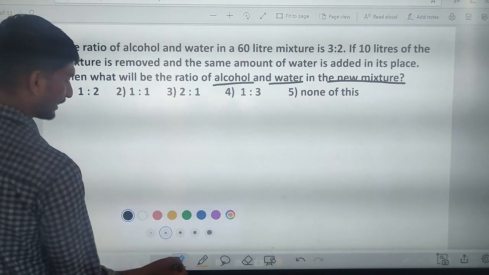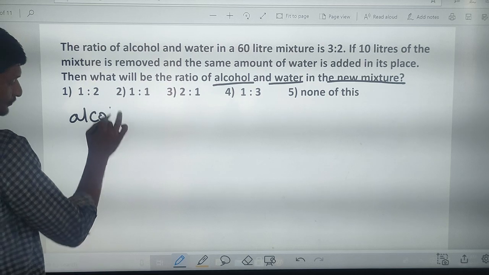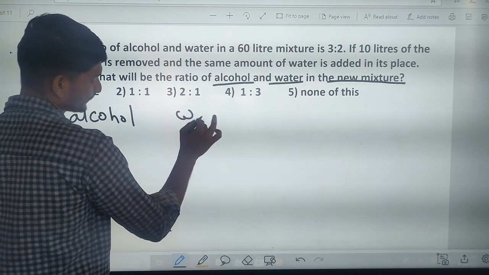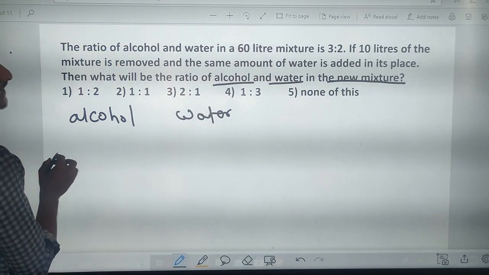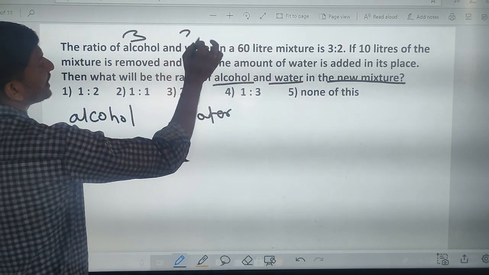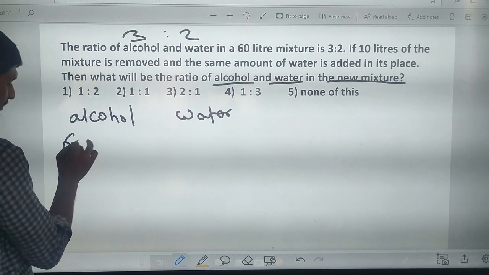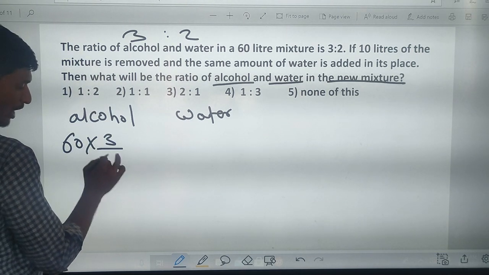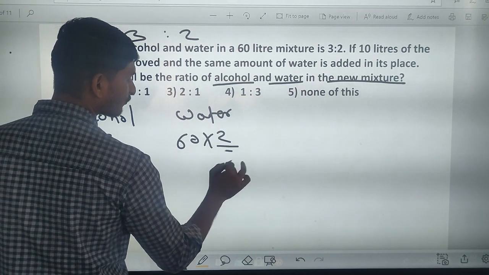Here we directly write alcohol and water: 60 liter in the ratio 3:2. Alcohol is 3 and water is 2. Now the quantity of alcohol is 3 out of 5 and the quantity of water is 2 out of 5.